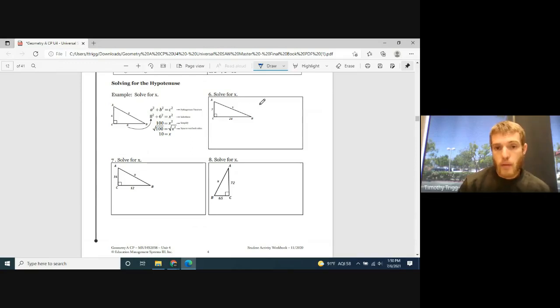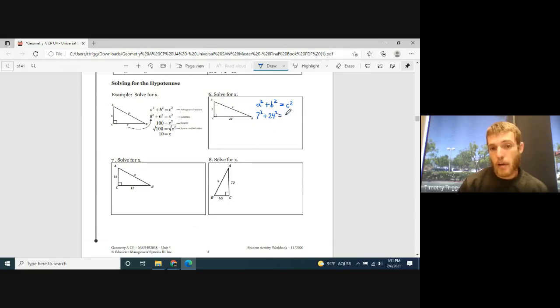So it's a squared plus b squared equals c squared. In our case, the a and the b are the two legs, the two side lengths here. So this would be 7 squared plus 24 squared equals the hypotenuse squared.